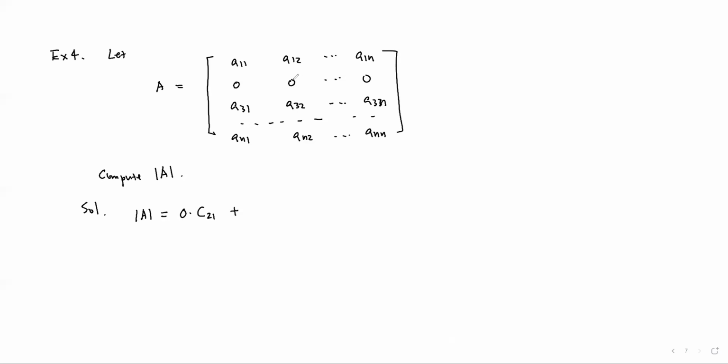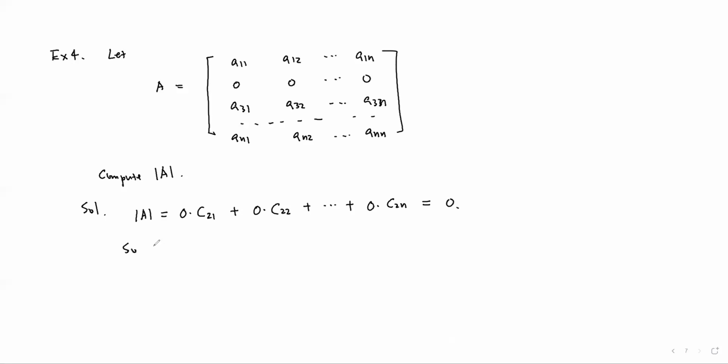Second entry, A22, 0 times C22 plus the last entry, A2n, 0 times C2n. But the capital C's are numbers. 0 times a number is 0, so the answer is 0.